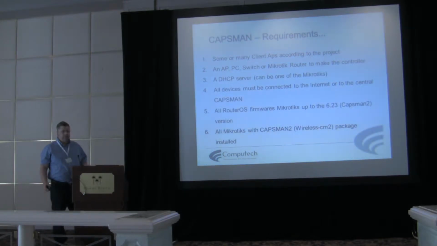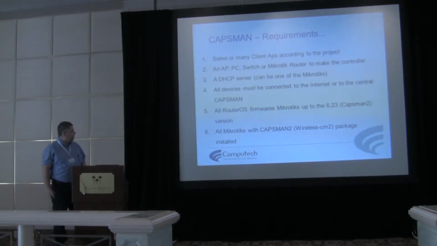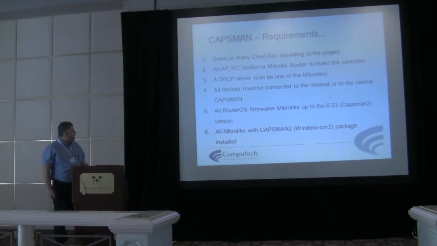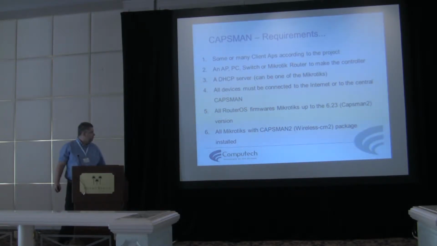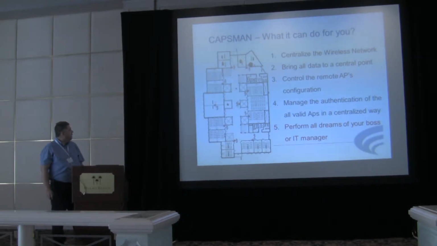All devices obviously must be connected to the internet and to the central CAPsMAN. We have to use version 6.23 or later. All Mikrotik devices must have the WireCM2 package installed. Obviously, you have to make the connection between the CAP, the AP, and the controller in the same network using this package.